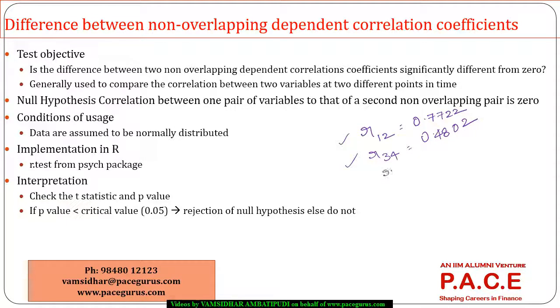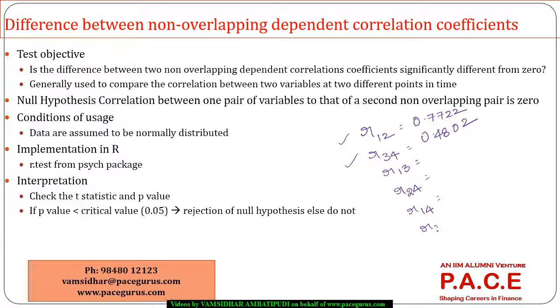Now I really want to see the correlation between 1 and 3, which means the same telecom sector, 4 years back and 4 years later. Similarly, between 2 and 4, it means the realty sector in the first 50 months versus the realty sector in the next 50 months. I am also looking at 1, 4, the correlation between telecom in the first 50 months and realty in the next 50 months.